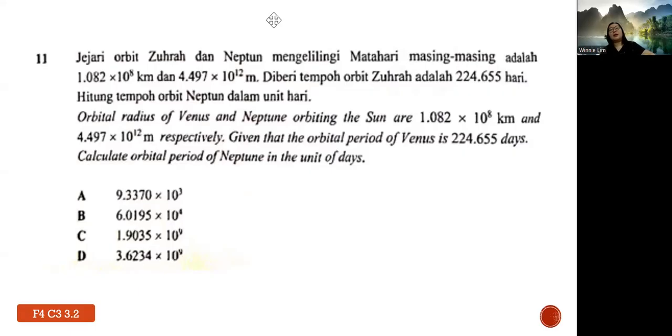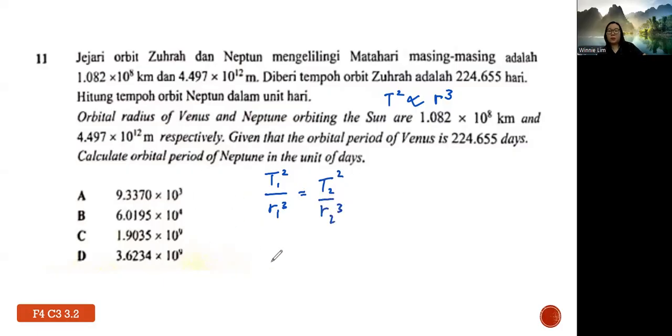Okay, so this idea is under Kepler's third law, where Kepler's third law says what? The square of the orbital period is directly proportional to the cube of the orbital radius. So under this law, you have a formula: T1 squared over R1 cubed equals T2 squared over R2 cubed.